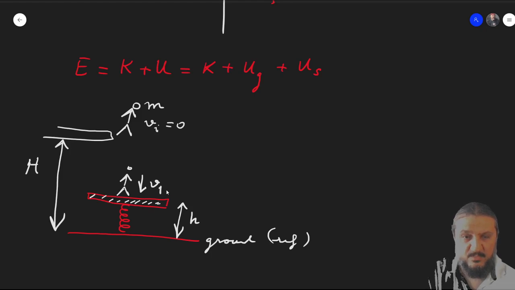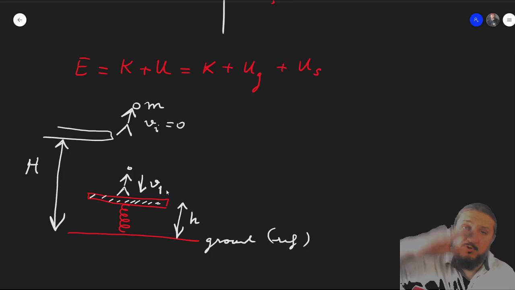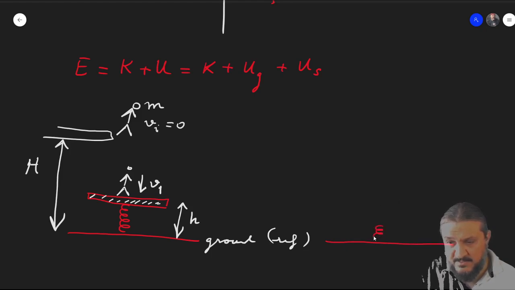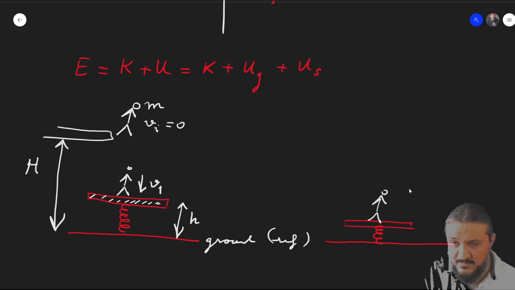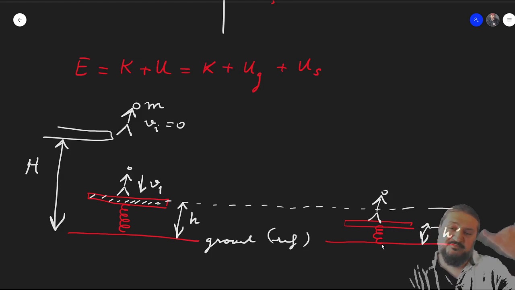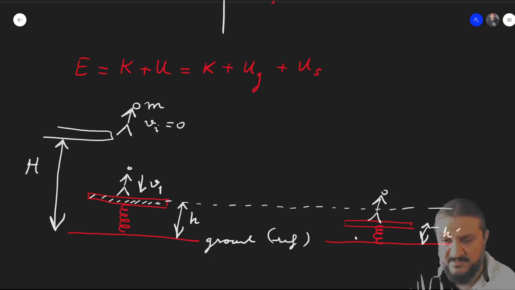Call it V1. And you will squeeze the spring. So now the spring is squeezed and this platform is lower in position and you're still on top of it. But you're here now. Call it H prime. My distances are measured from the ground level, which is my reference.